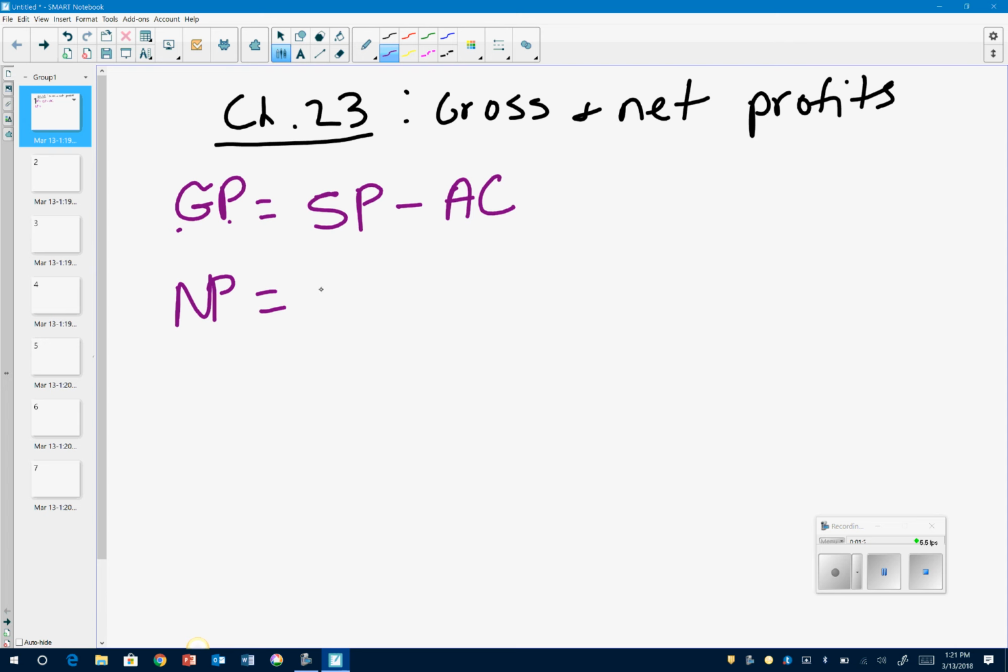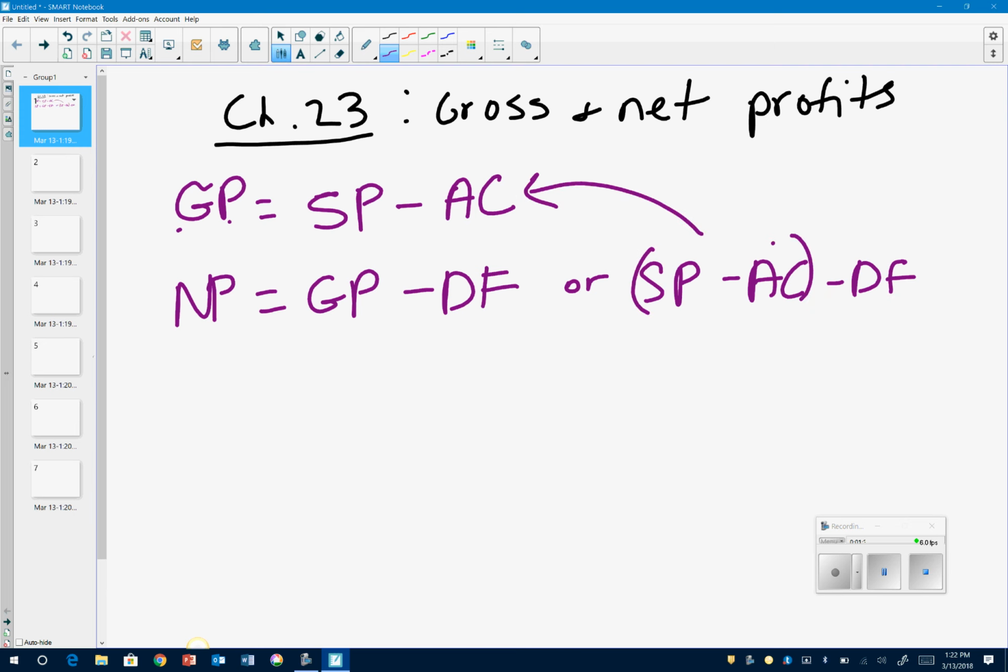And of course, that is usually the gross profit minus the dispensing fee. Or you could say selling price minus your acquisition cost minus the dispensing fee, which is the first part here. So this one works either way for net profit.